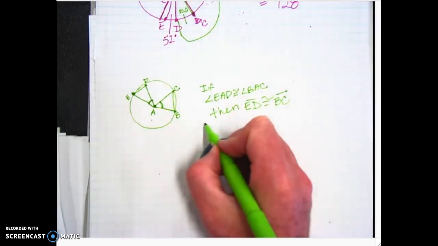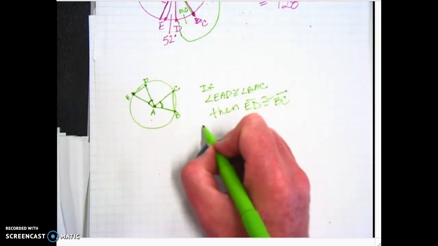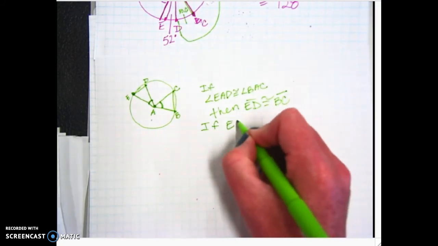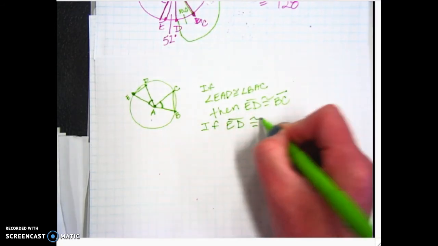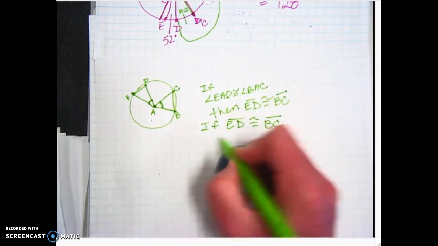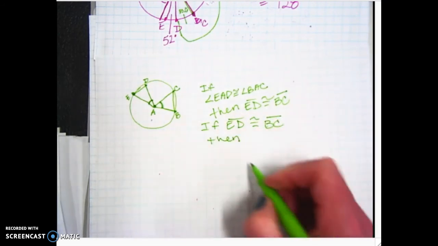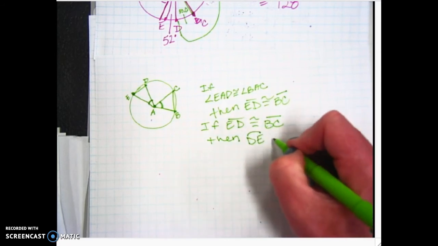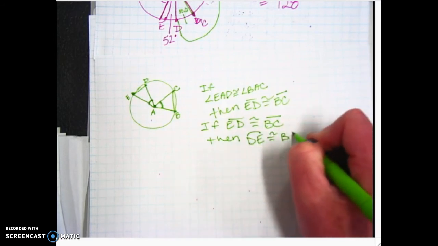Okay? Then the next one says that if those two pieces, so ED is congruent to BC, then arc DE is congruent to arc BC.